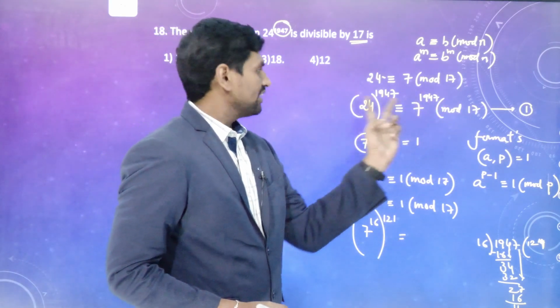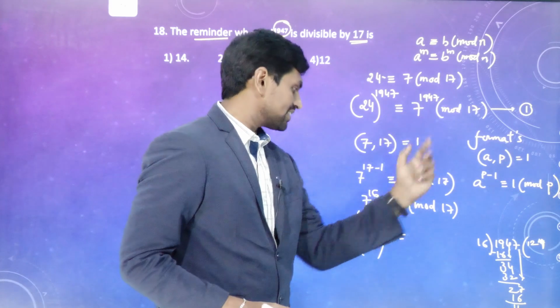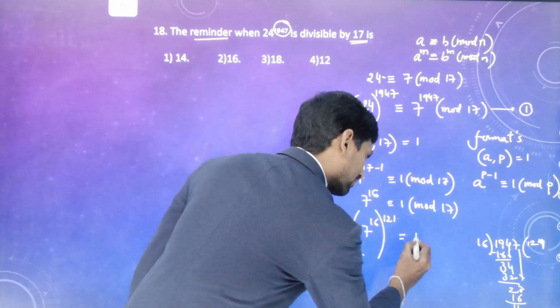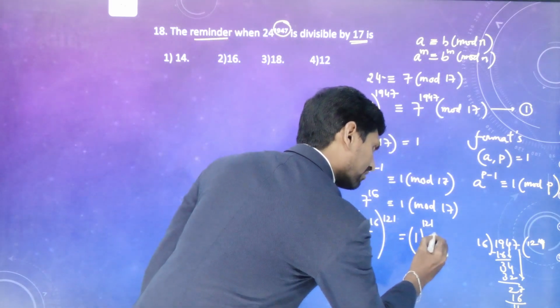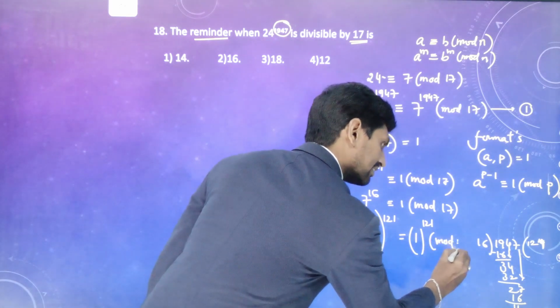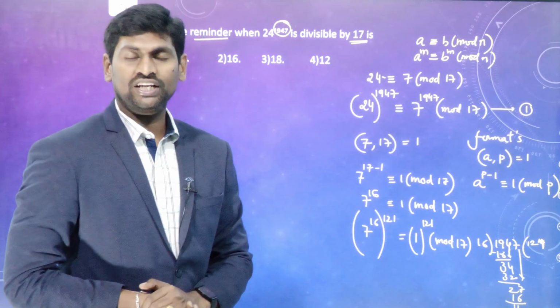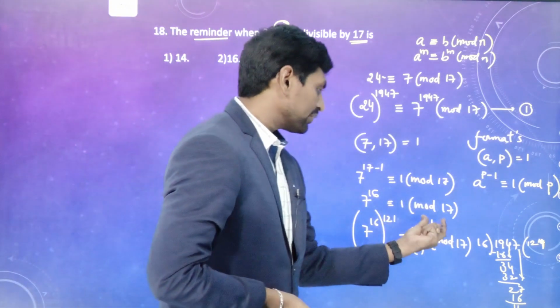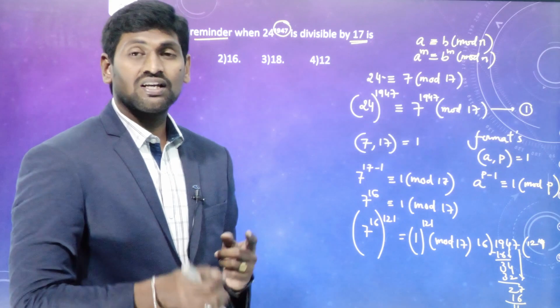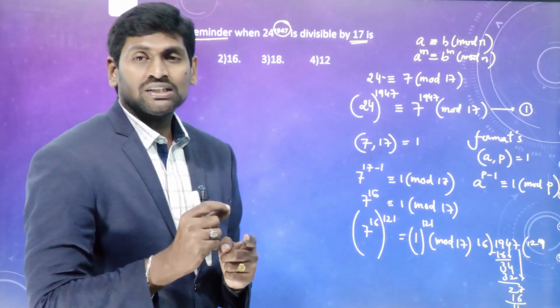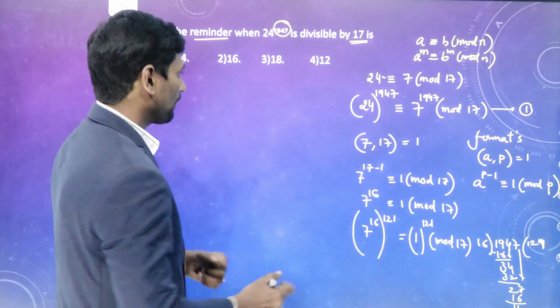Same how we apply the powers here on both sides, here also apply like this: 1 power 121 mod 17. 1 power 121 how many times? 1 power 121 value is 1 only, because however many times you multiply 1, the answer is 1 itself.